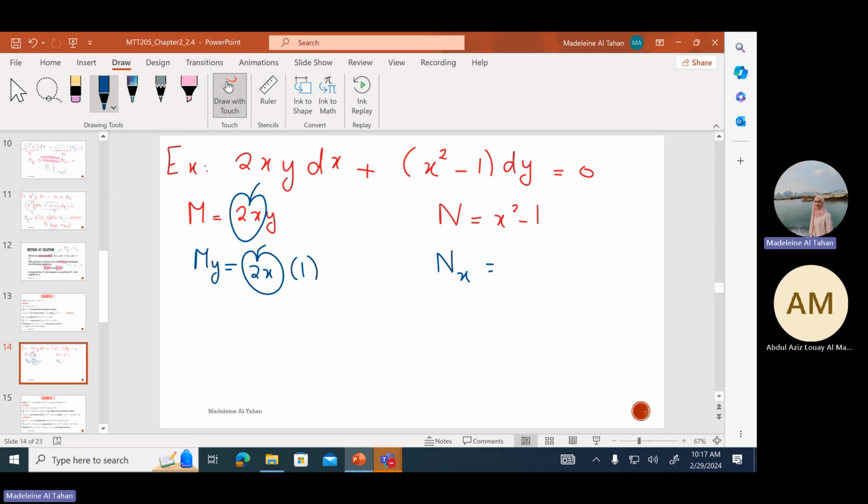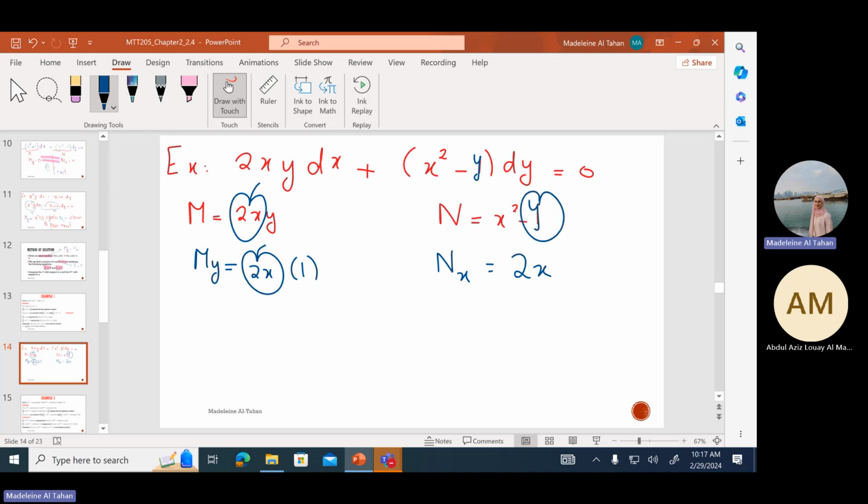The second one, where's our apple? 1. Do we have y? And x we want. So where's our apple? y, right? Where's our constant? Do we have y? So x squared minus 1 becomes 2x. Okay? Suppose that here I have y instead of this one.